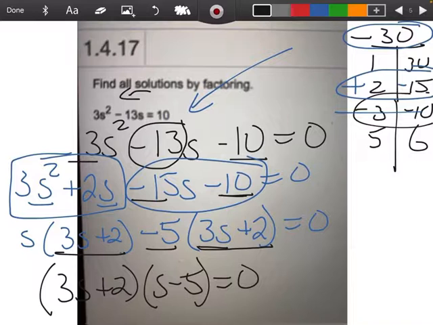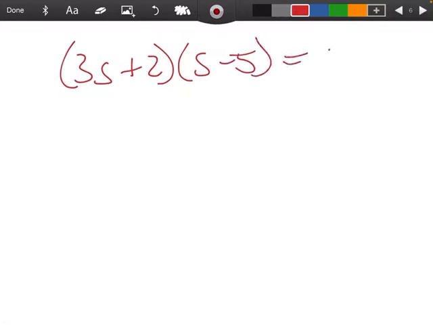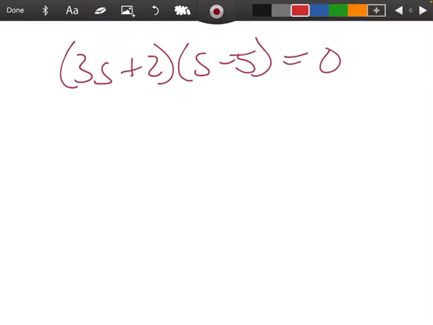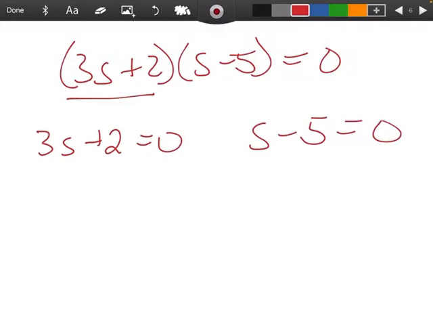I'm going to set each of these factors equal to 0: 3s plus 2 equals 0, and s minus 5 equals 0.